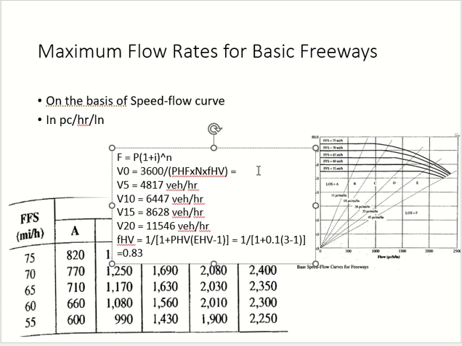So each value divided by the same factors. It's a 6-lane freeway. So how much is N? 3.